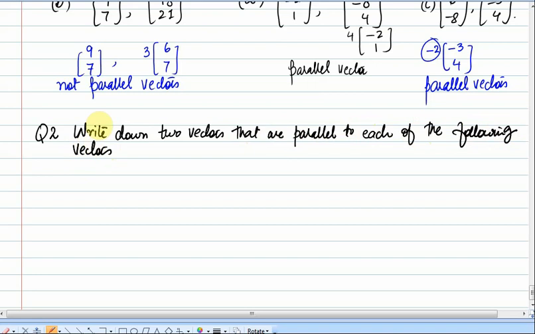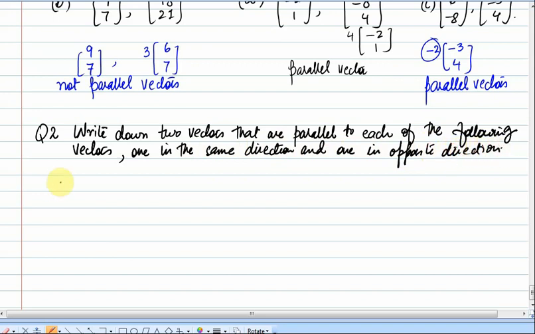One in the same direction and one in the opposite direction.